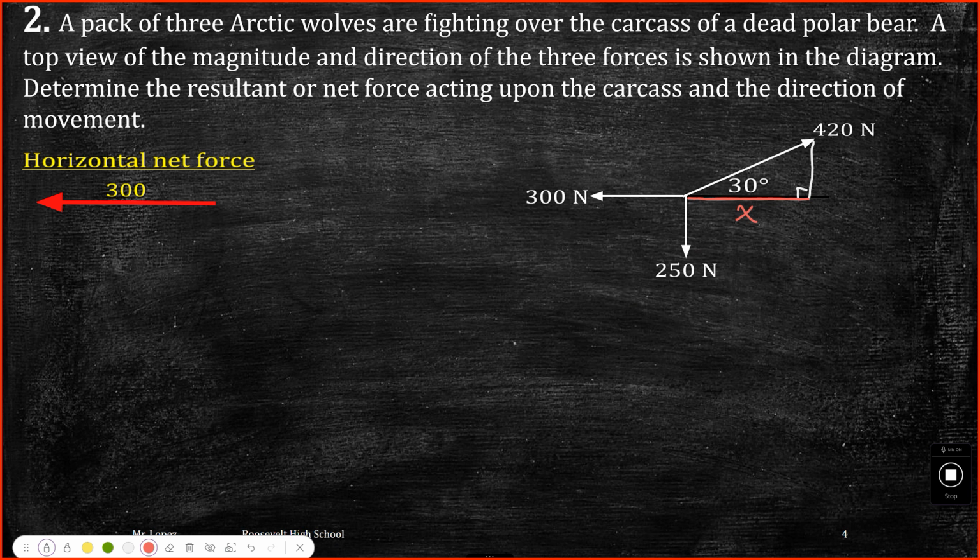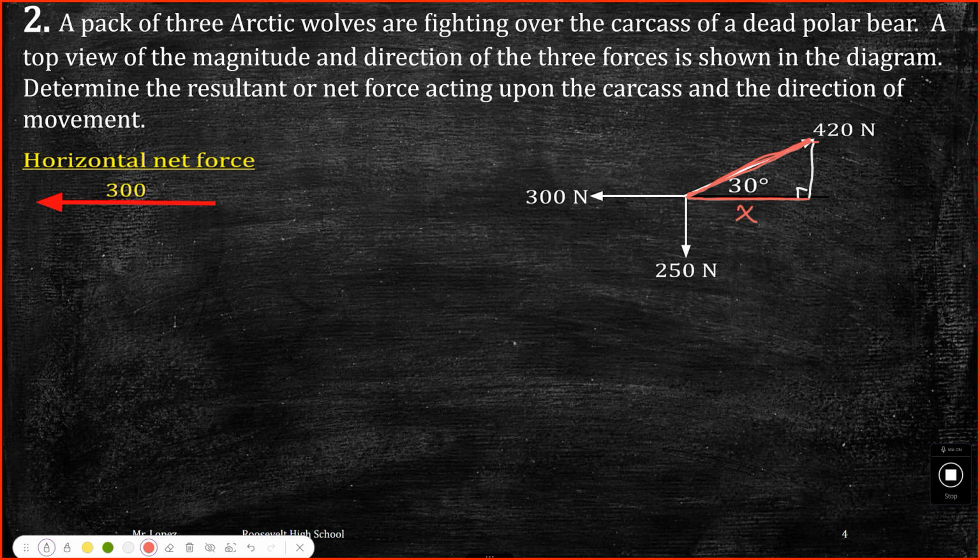How can we figure out what that x is? What do we do? What ratio is it? This is what?